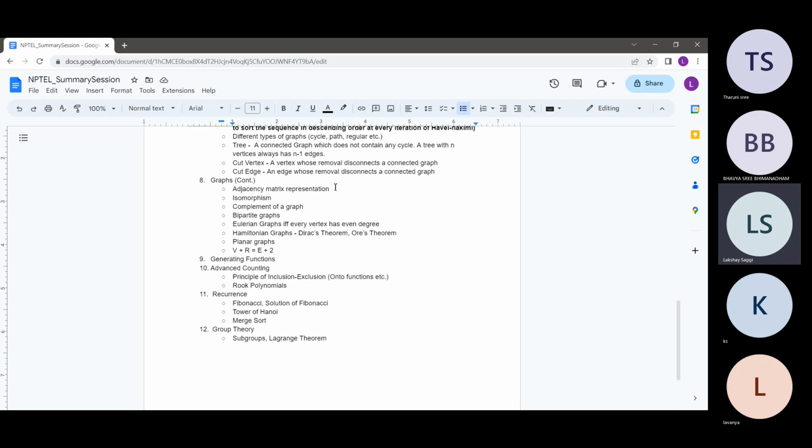And then we studied what a complement of a graph is. Maybe I should keep writing down these also.